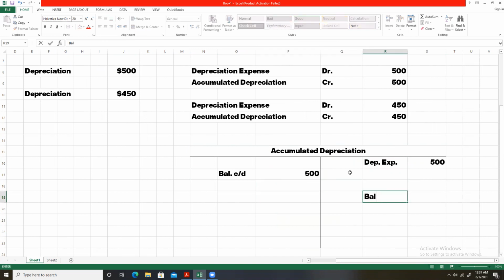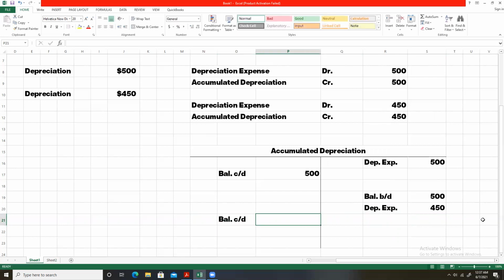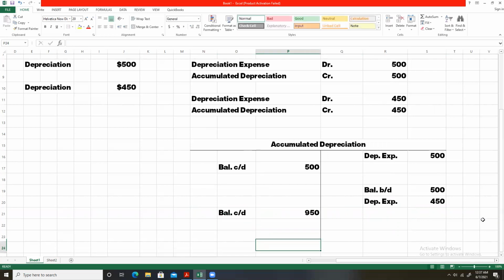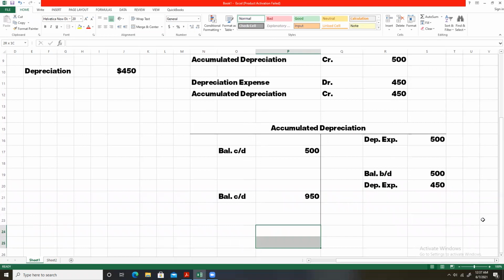In the next year, this balance becomes the opening balance. Again, a depreciation of $450 is charged in the second year, and now the value has become $950.